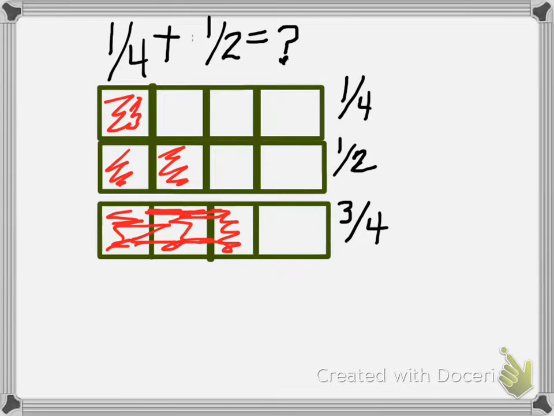To make 1/2, I have shaded in 2 of the 4 pieces. Now I'll make a new fraction bar and shade in 3 of the 4 pieces. So 1/4 plus 1/2 is equal to 3/4.